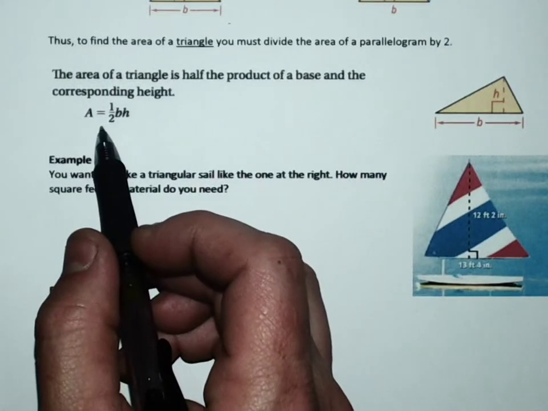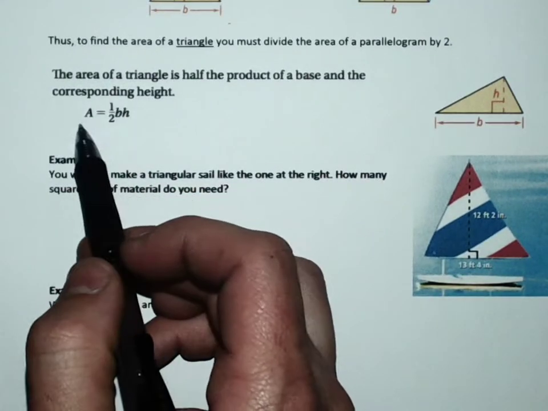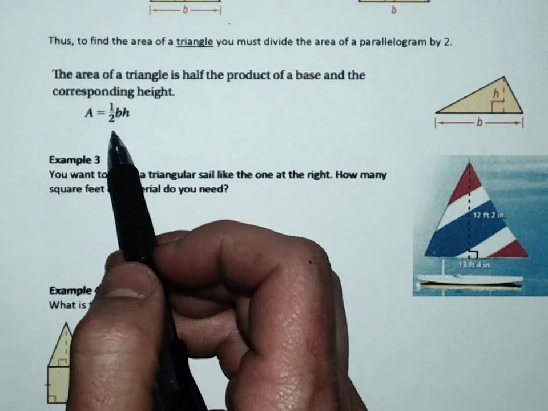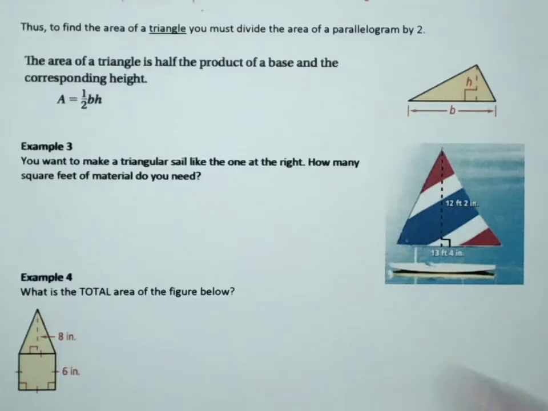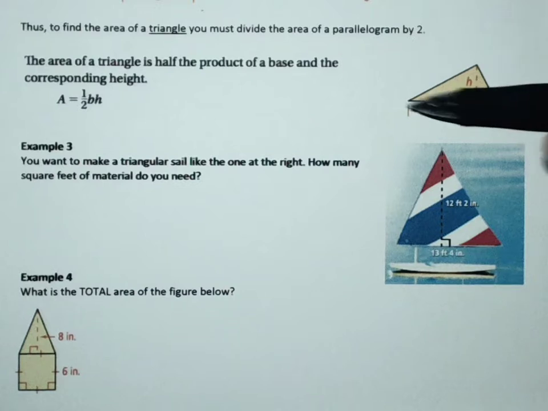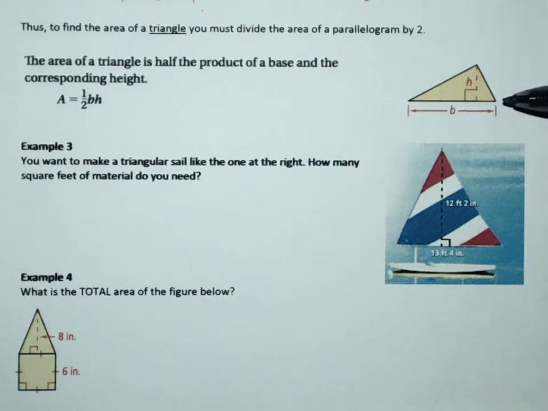So here is your equation. The area is going to equal 1/2 the base times the height. But again, that height must go perpendicular to the base. So this right here could also be called the altitude of the triangle.